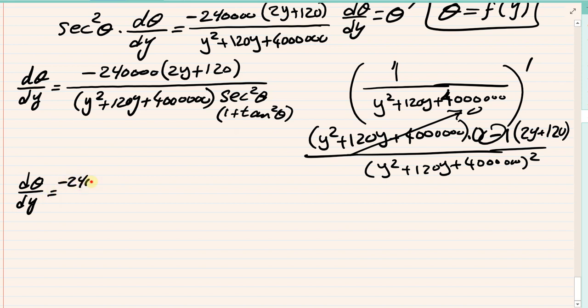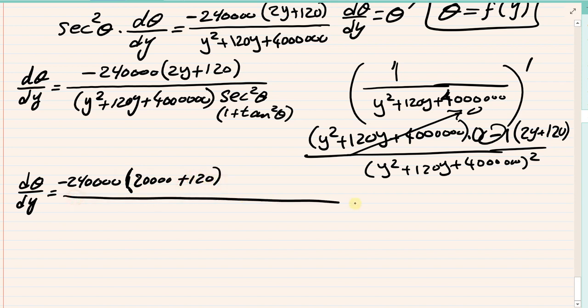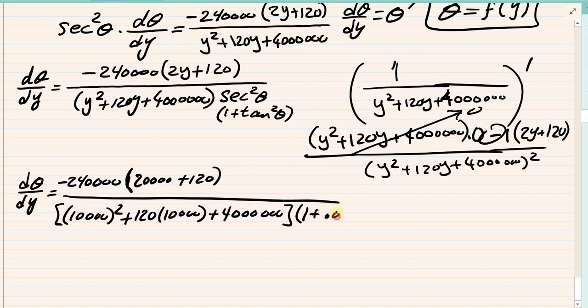So it's negative 240, 1, 2, 3 zeros, times 2y, where y is 10,000 times 2, that makes it 20,000 plus 120, divided by 10,000 squared plus 120 times 10,000 plus 4 million, and that multiplies by 1 plus, remember tan of theta was 0.00228, and that's squared, that's tan squared.